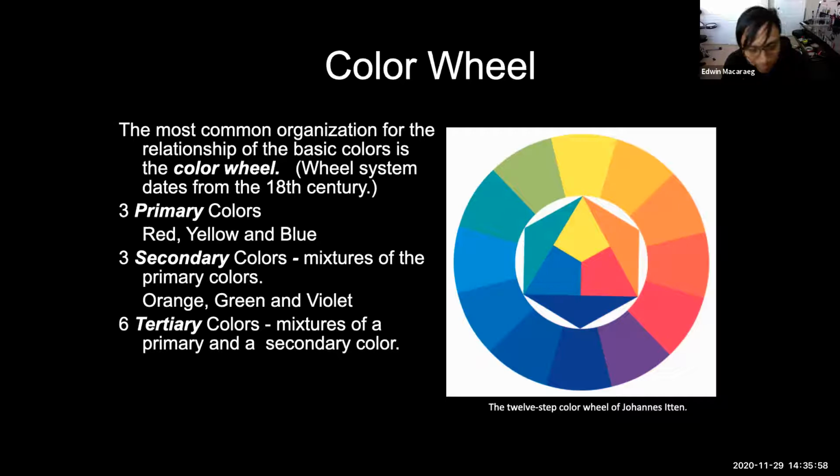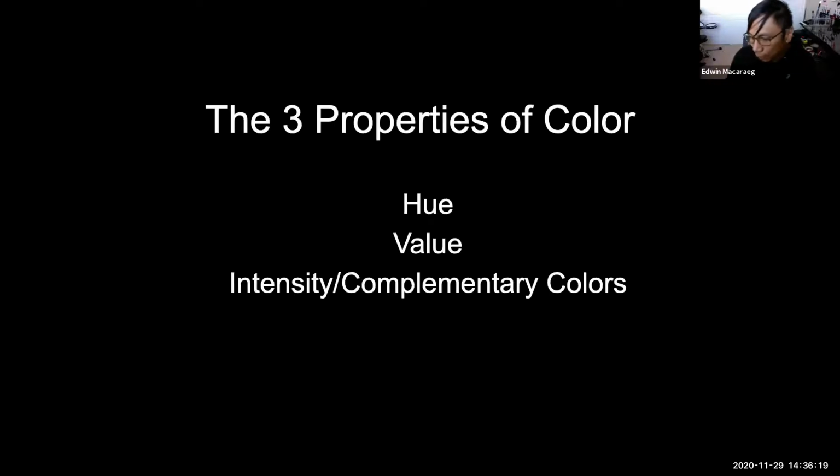So something like a red orange or a yellow green or a red violet. So those are tertiary colors. Sometimes you'll hear the word intermediate colors as well as tertiary colors. So it's basically the same thing.